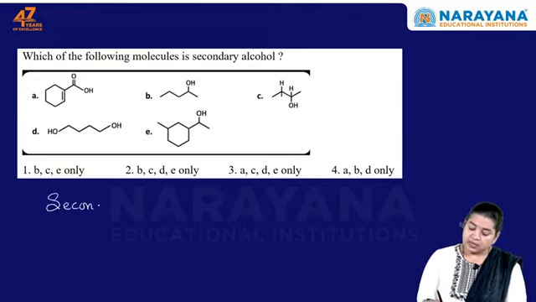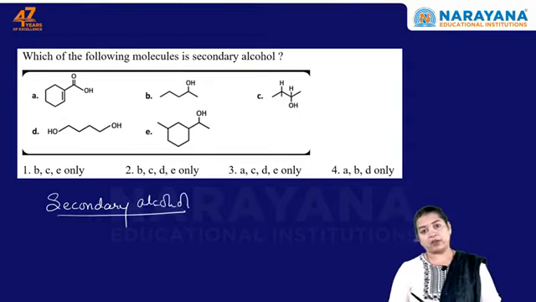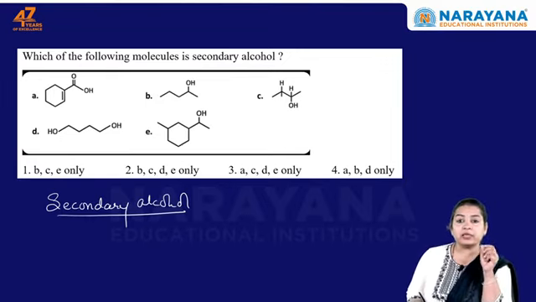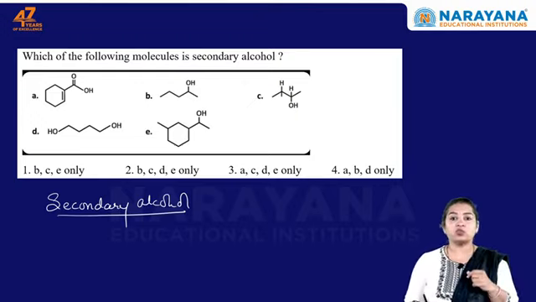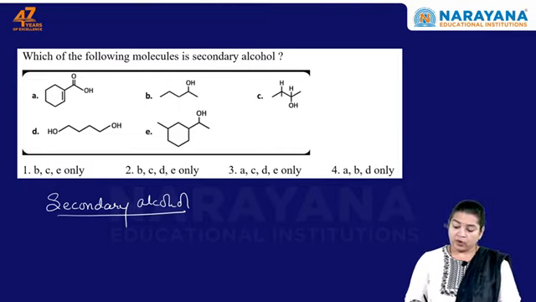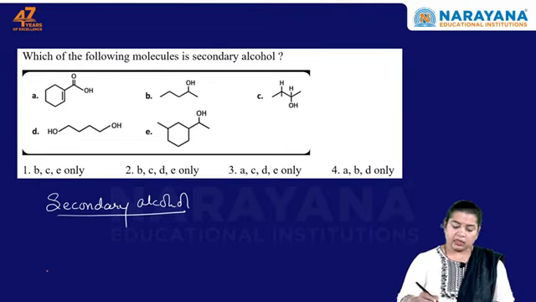Now the word secondary alcohol, how is it defined? Secondary alcohol means that the OH is connected to a carbon which is 2 degree in nature. It means it should be further connected to 2 more carbons, right? If you know the definition, you can do it correctly.